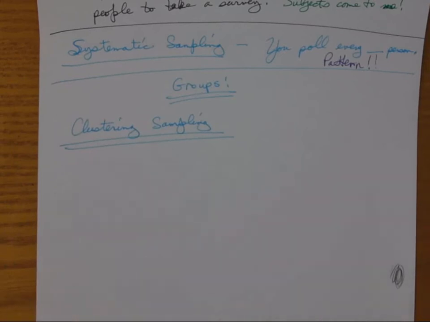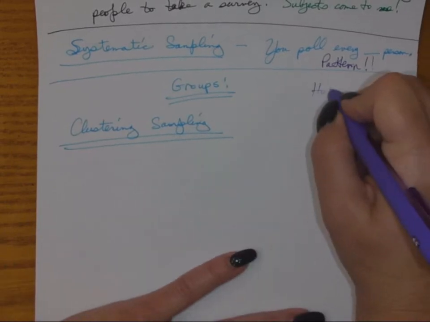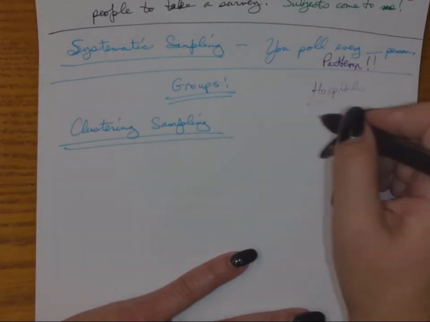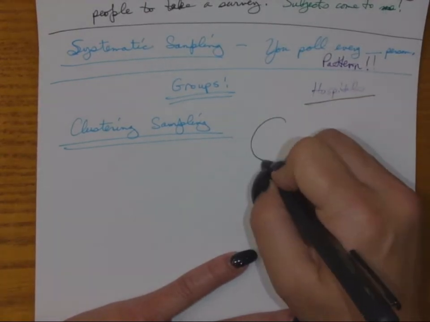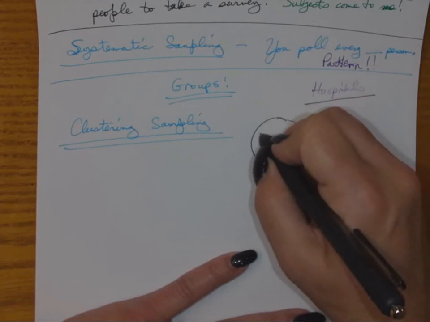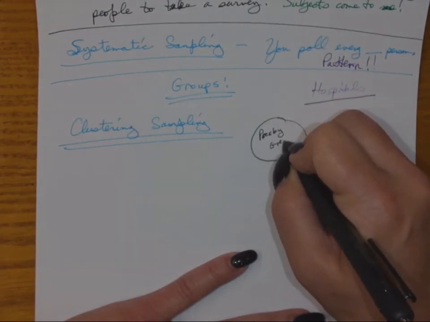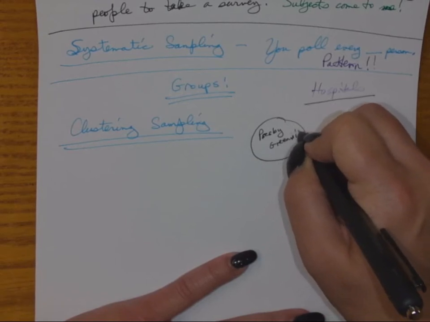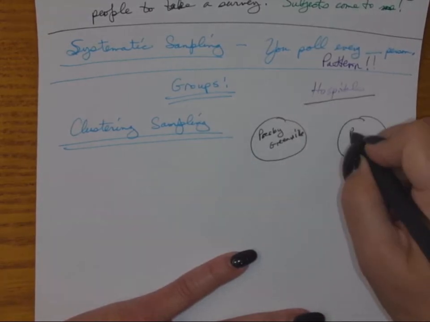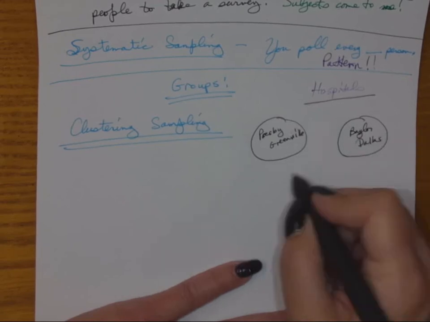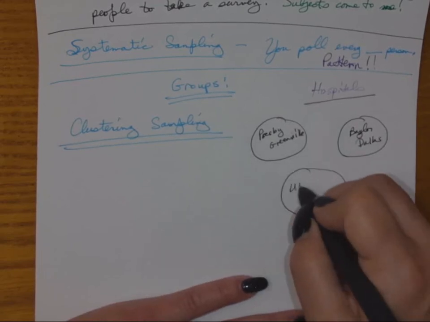So I'm going to say hospitals. Hospitals in the area. So we can talk about maybe Presby in Greenville, Baylor in Dallas, UT Southwest.